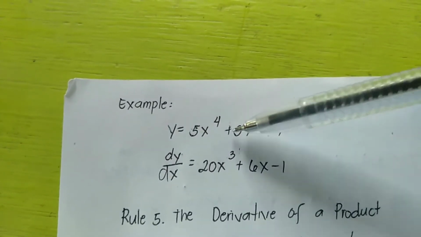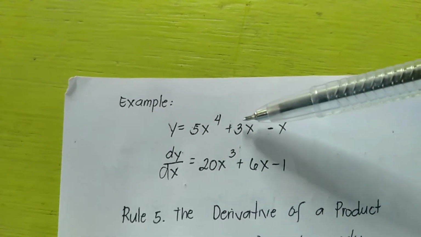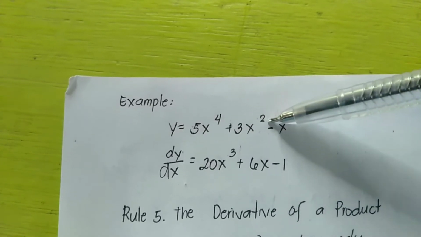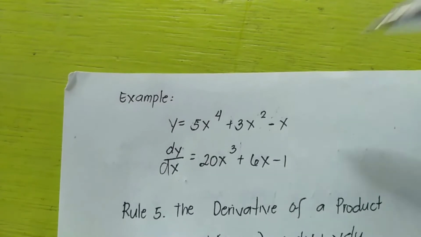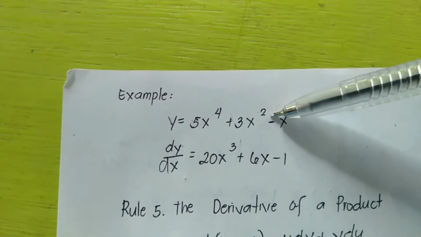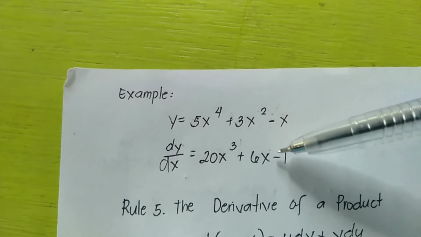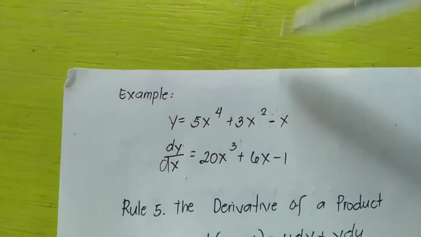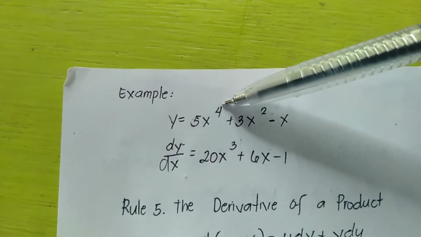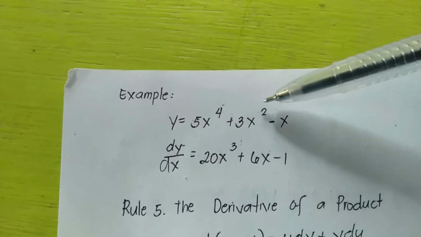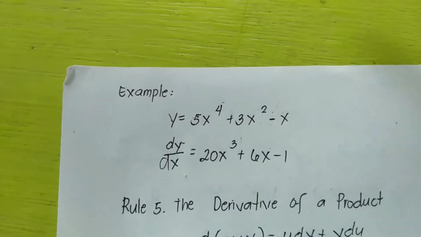Exponent minus 1, so 20x cubed plus 2 times 3x is 6x minus 1. So 2 minus 1 is 1, so we don't need to write the 1 exponent here. So negative 1. So the answer for the derivative of y over dx of 5x to the 4th power plus 3x squared minus x is 20x cubed plus 6x minus 1.